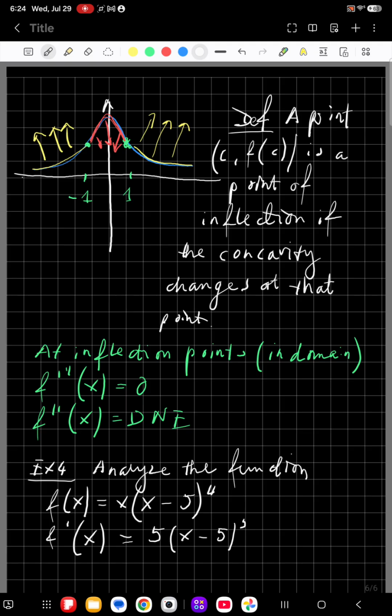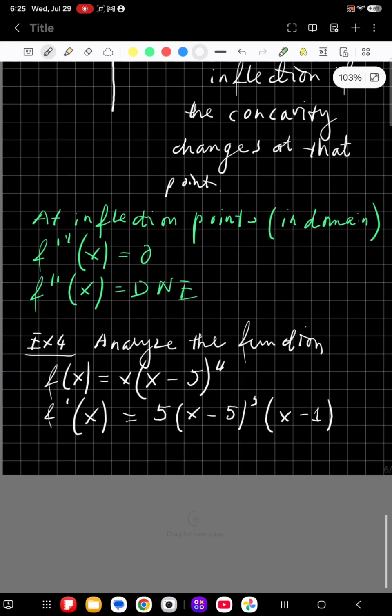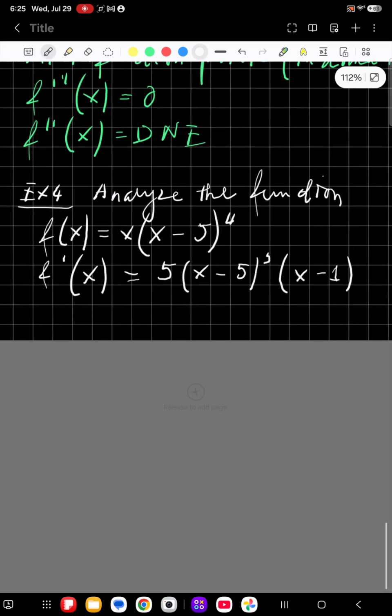So this is right after I've simplified it, so there is a bit of factoring by grouping. I hope you can figure it out. Anyway, so that's the first derivative, and the second derivative looks like this.